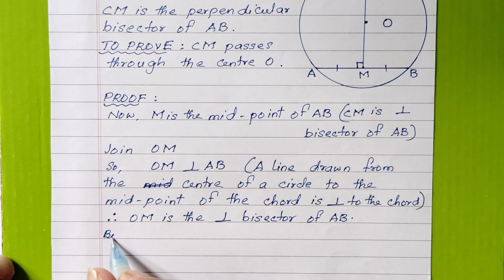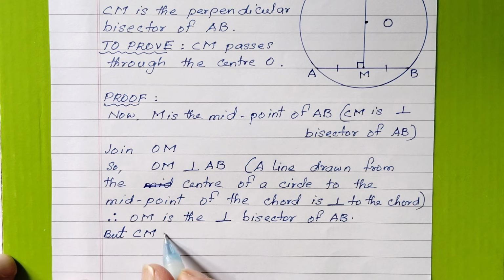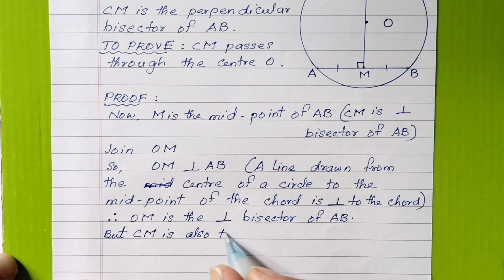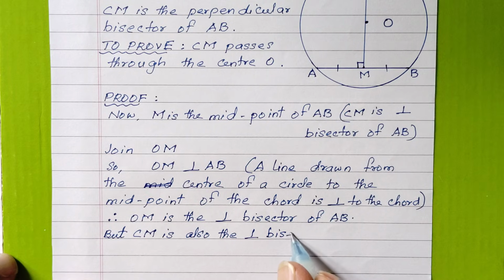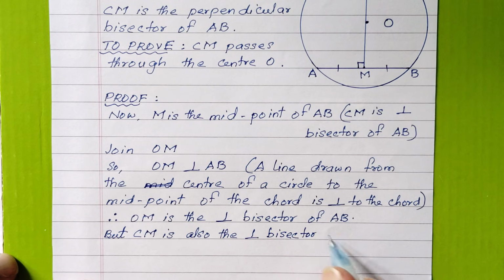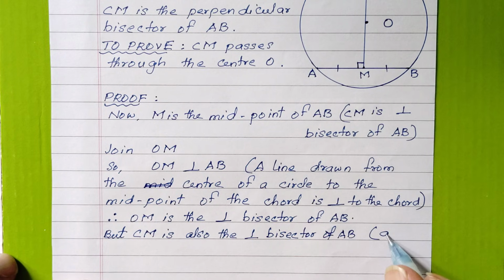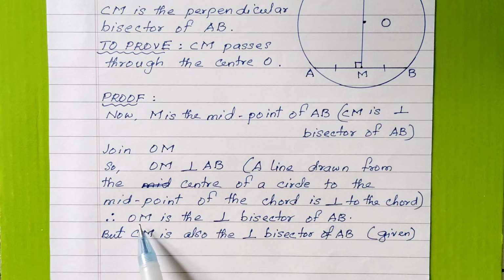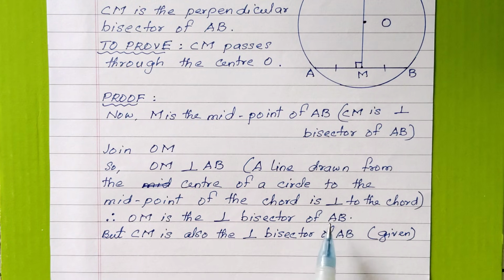But CM is also the perpendicular bisector of AB. It's given. We have shown OM is the perpendicular bisector of AB and it is given that CM is also the perpendicular bisector of AB.